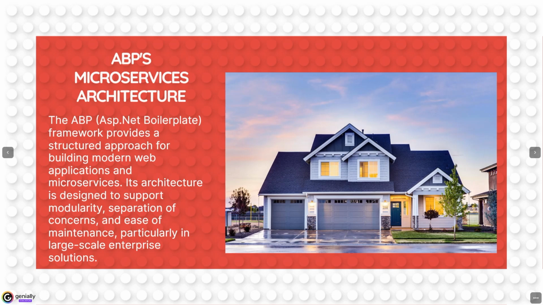Its architecture is designed to support modularity, separation of concerns, and ease of maintenance, particularly in large-scale enterprise solutions. To use the full feature of ABP framework, you need to subscribe to a commercial plan.